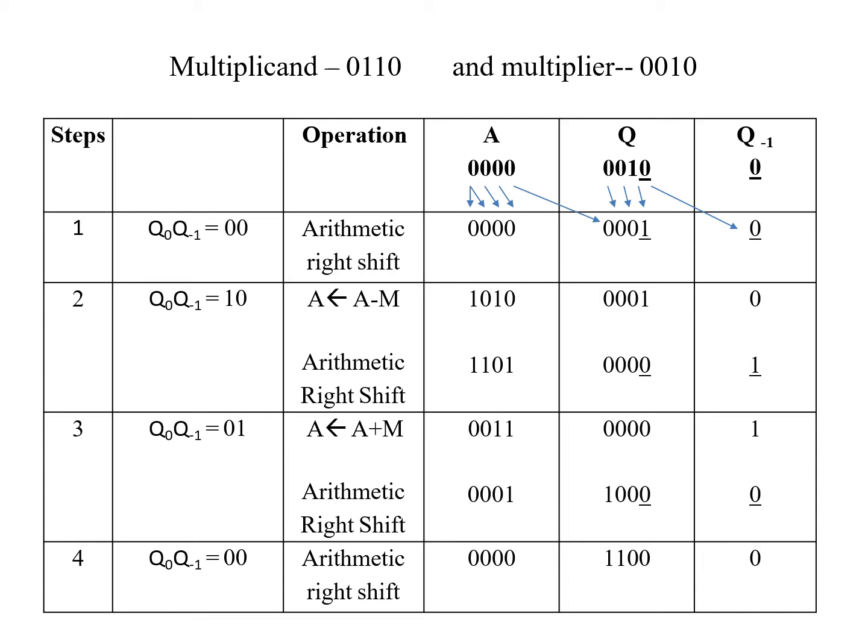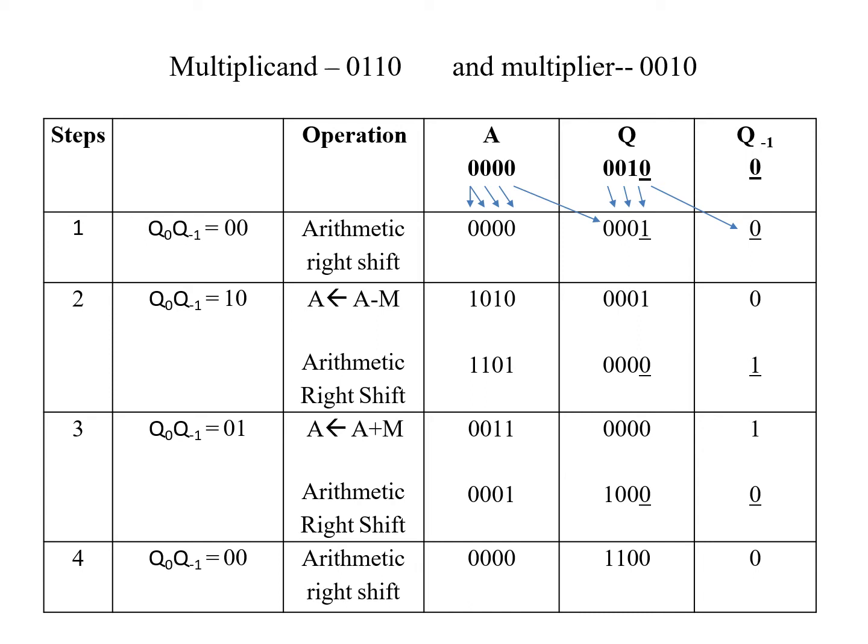Once the first step is over, again we track the combined status of Q0 and Q minus 1, which is 1, 0. So in the second step, we perform subtraction, where the multiplicand gets subtracted from A and the result gets stored in the A register. The multiplicand is 0110.